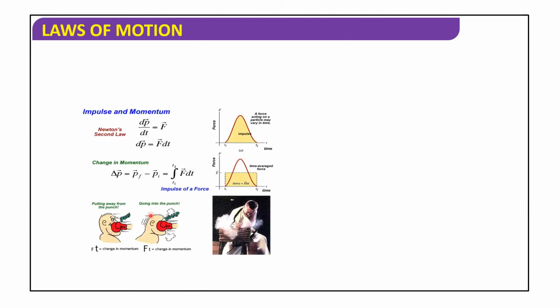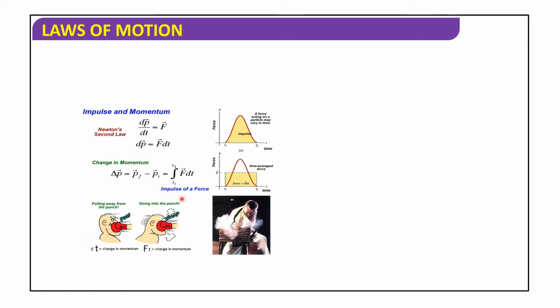Now impulse and momentum. From Newton's second law, dp/dt = F̄. From this we write dp = F̄ dt, that is the change in momentum. Δp = p_f − p_i, final momentum minus initial momentum.